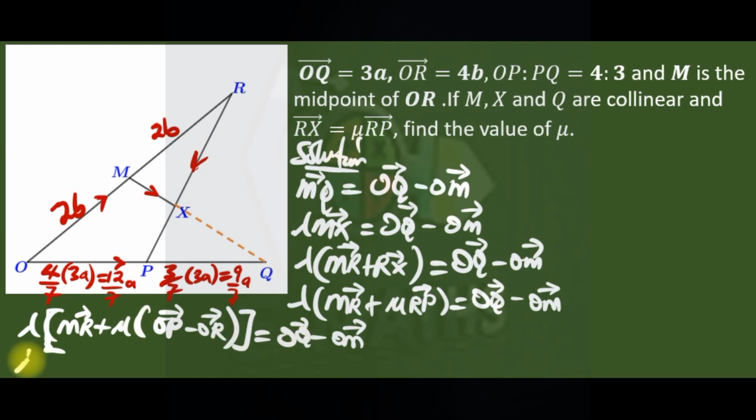We have lambda, MR is 2b, plus mu, OP is 12 over 7a, and OR is 4b, is equal to OQ is 3a minus OM is 2b.